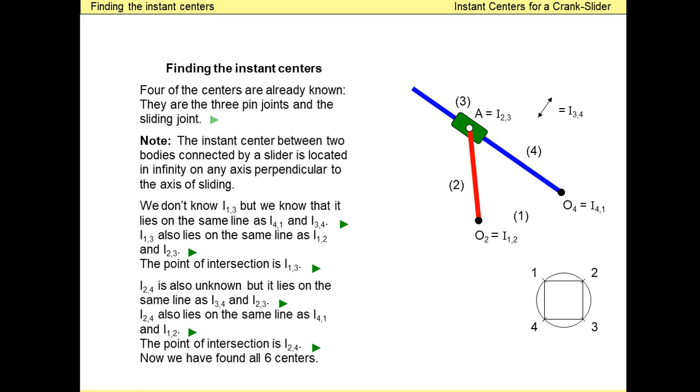Next, link 4 and link 1 are connected at O4. So the instantaneous center of the blue link and this fixed link is at O4. So this instantaneous center is I14. Okay, now we have identified 4 instantaneous centers.